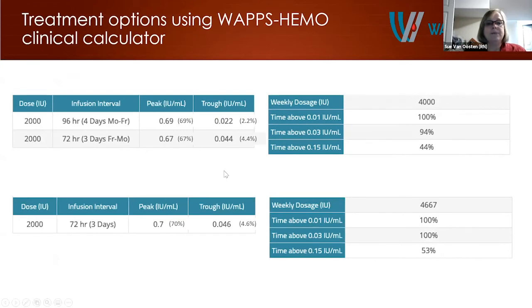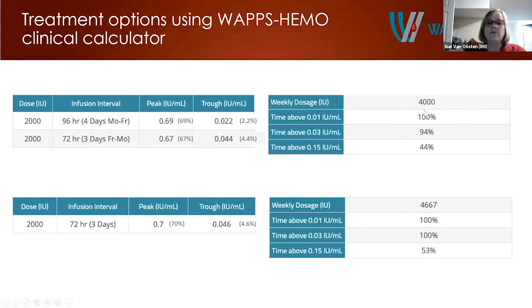So we try something else. We do a twice a week. So we do a 4-day, Monday to Friday. He gets a nice peak of almost 70%. And his trough is 2.2, which is still above the 1% level that we always are making sure that the patients are above. But then his 3-day, he gets up to the nice 70% almost, and he's 4.4%.